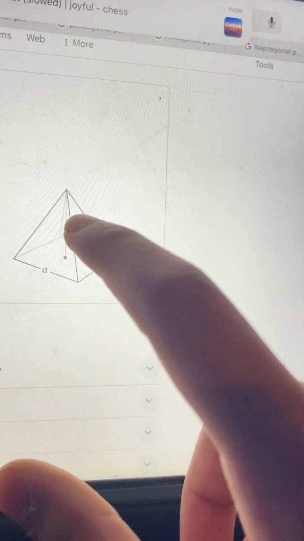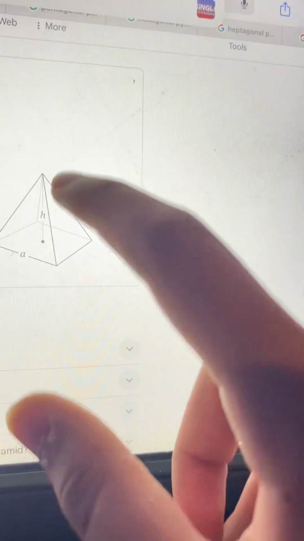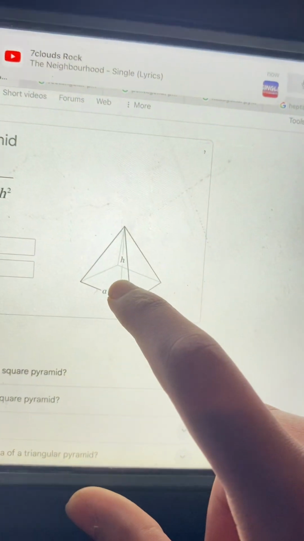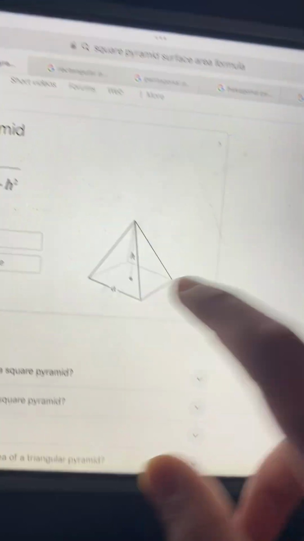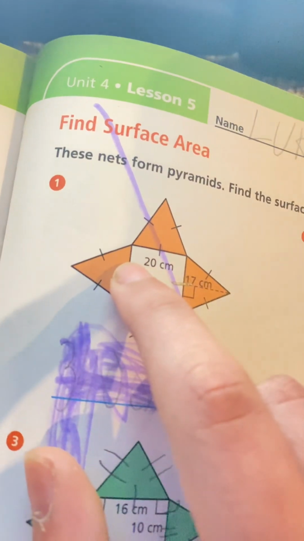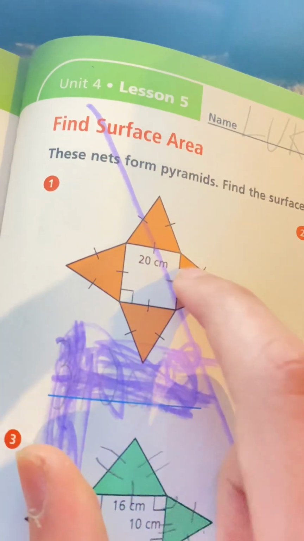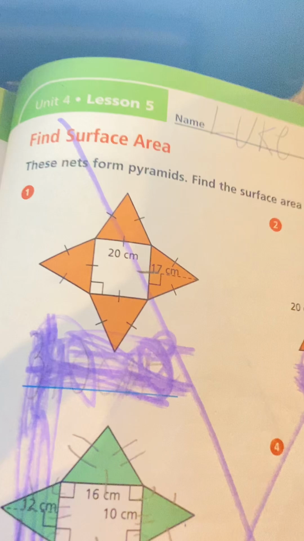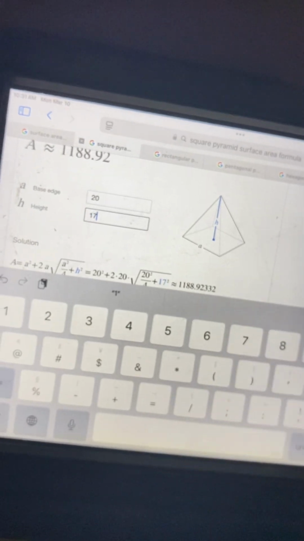In that case, the height transitions from the pyramid overall to the lateral face, because the height cannot be examined three-dimensionally while still flat. So it has to move to the lateral face. So the height is 17 centimeters. Plus, if you look over here, this line appears the same as this line, right? They're all equal. So let's put 17 in.